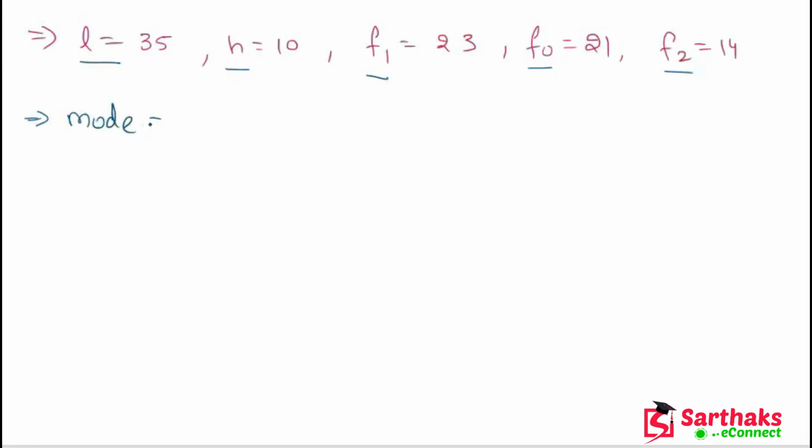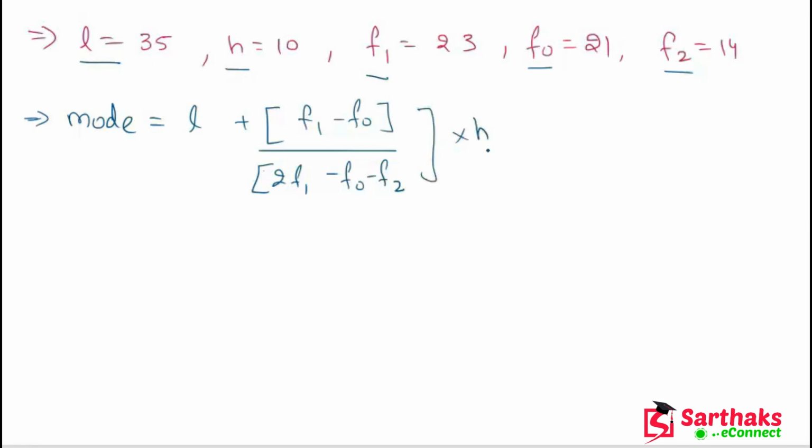So what is the mode? We know that mode is equal to L plus bracket (f1 minus f0) divided by (twice of f1 minus f0 minus f2), and this is into h. Now put all these values in this formula.